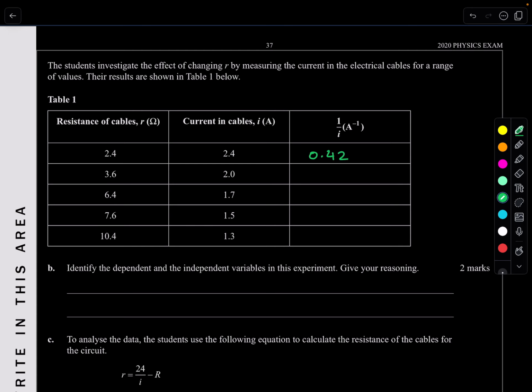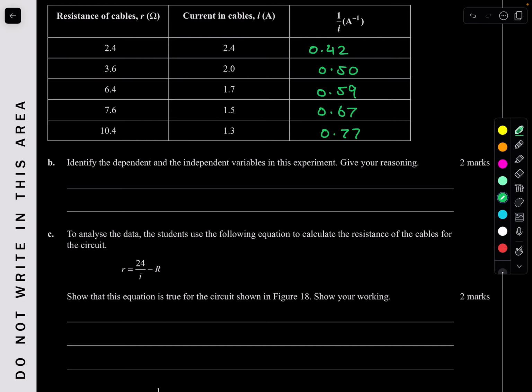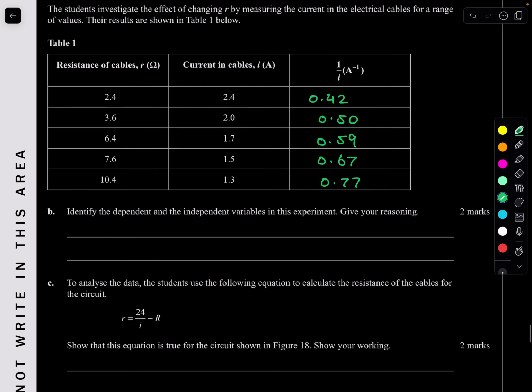Next one's 1 over 2, this is 0.50. 1 over 1.7 is 0.59. 1 over 1.5 is 0.67. And 1 over 1.3 is 0.77. Beautiful.